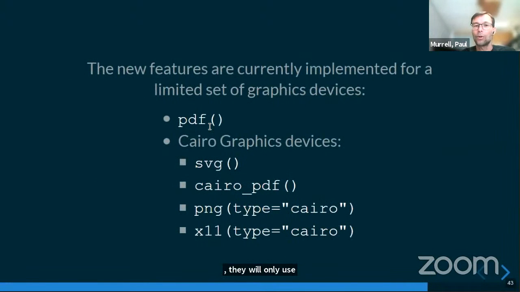Let's go back to that list. So they should work no matter where you are if you're producing a PDF file. Ditto an SVG file with the SVG device. And then there's a bunch of variations on some of the devices you might use. So you can get this on screen if you're on Linux, but that's about it.